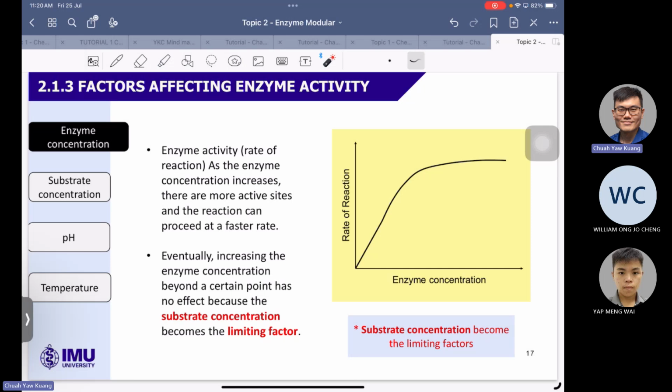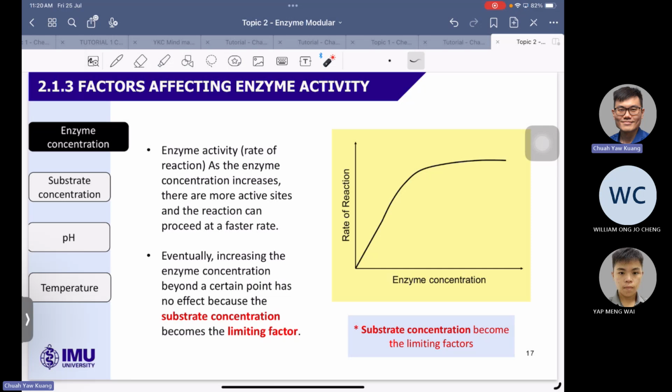What's the reason? Because there is not enough substrate to further push the rate of reaction up, or you can say the concentration of the substrate becomes the limiting factor, causing the rate of reaction to not be able to go up further. That is basically how I explain the three parts of the graph.